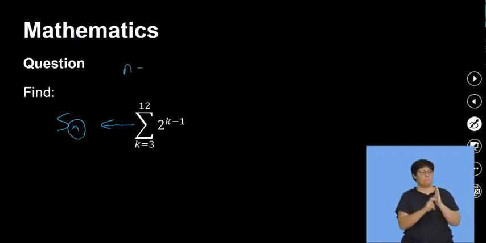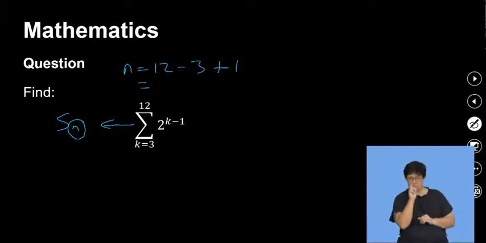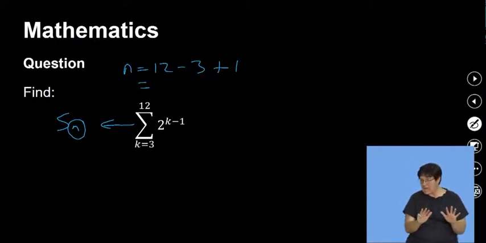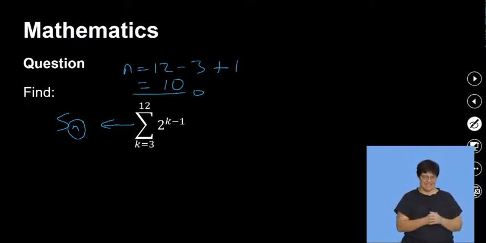So my n value will still be 12 minus the 3 plus a constant which is 1. 12 minus 3, last time I checked, it's supposed to be 9, unless you're now using a calculator that does not look like mine, plus 1, it will then give me 10 there. I'm just kidding, guys. And then from there, for the value of a, you will need to expand this, but the first term is at 3. So this is 2 to the exponent of 3 minus 1.